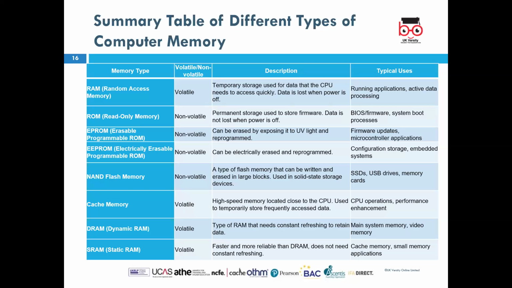Read-only memory is non-volatile. EPROM, erasable programmable ROM, is again non-volatile. Electrically erasable programmable ROM falls under the non-volatile category. NAND flash memory is non-volatile. Cache memory is volatile. Dynamic RAM falls in the volatile category, and static RAM is again volatile.